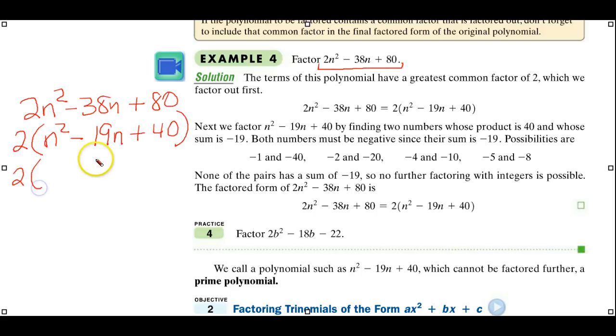Now again, we put our parentheses, and since n is just a 1n, it's easy to do our first terms, an n and an n. But now what we have to do is figure out what are the factors of 40 that are going to give me a negative 19.